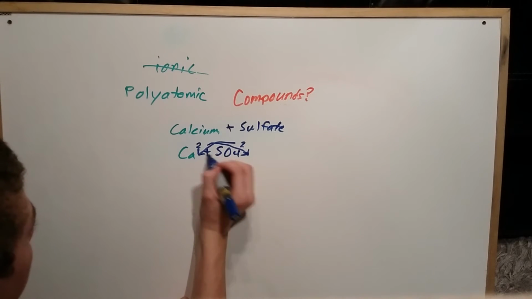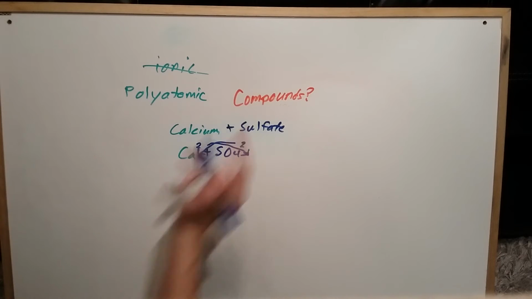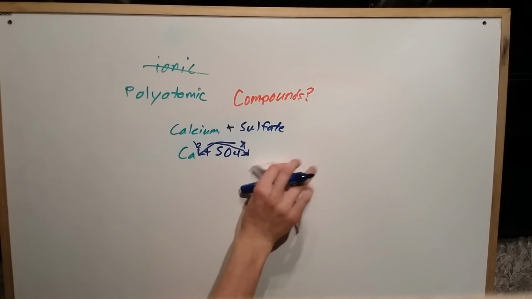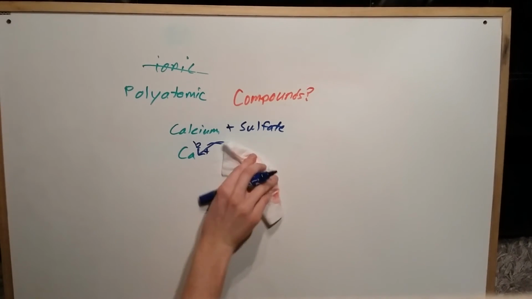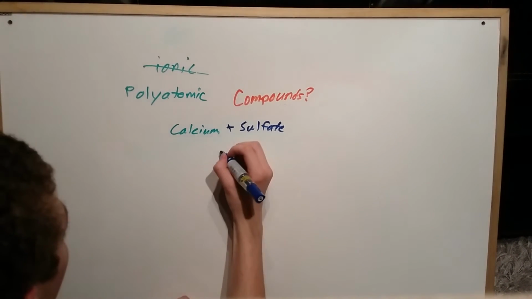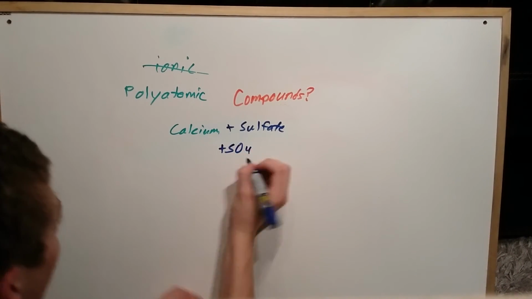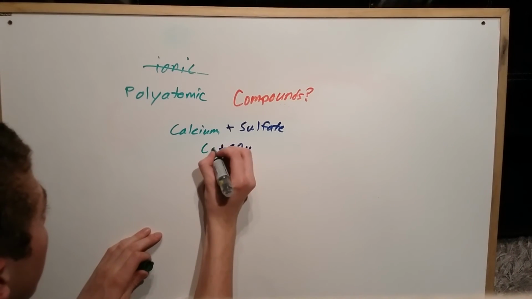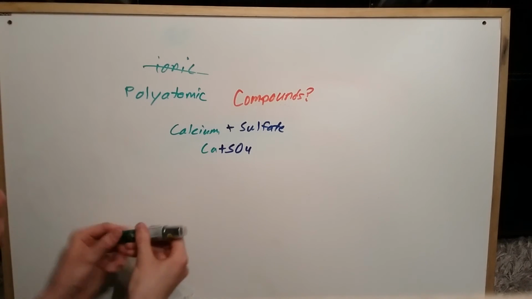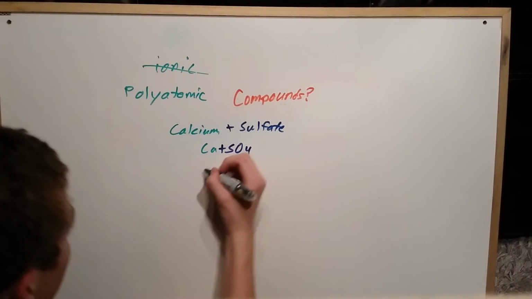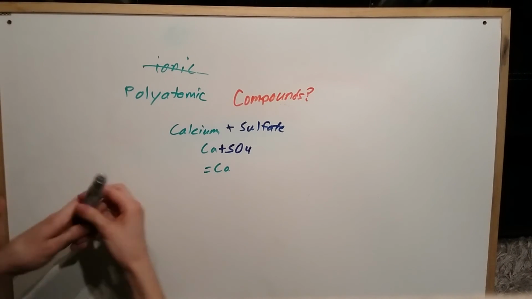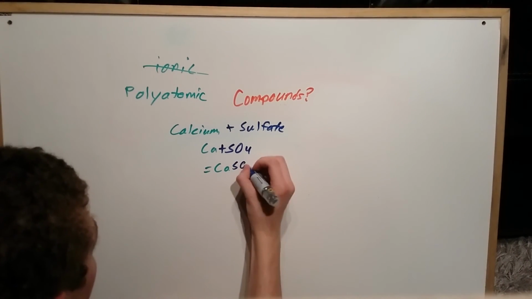And this 2 is going to go over here, and calcium's going to steal it. But because they're both 2, they cancel each other out. So you're left with CaSO4. It just equals Ca and then SO4, so just no plus sign.